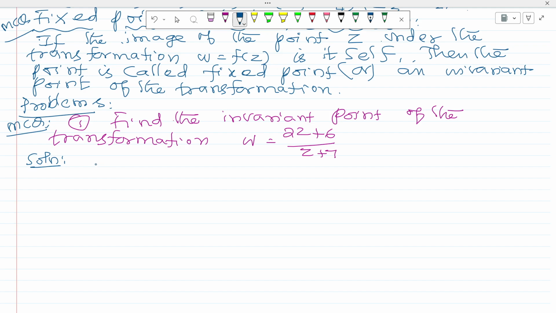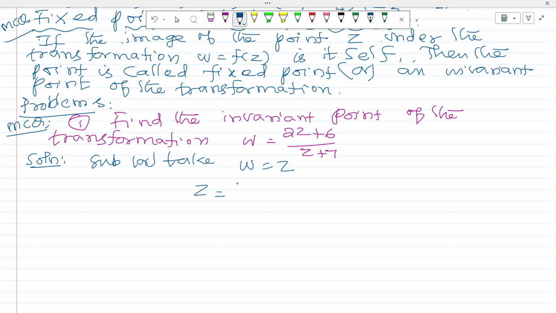Simply we can substitute W equal to z in the given equation, that means you are taking W in the image as z itself.